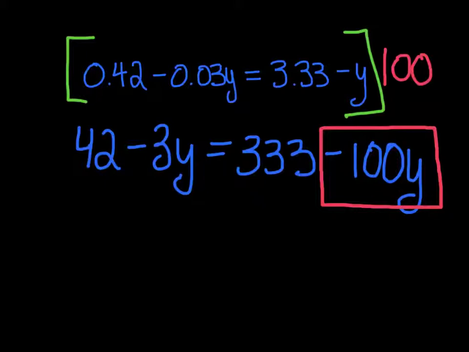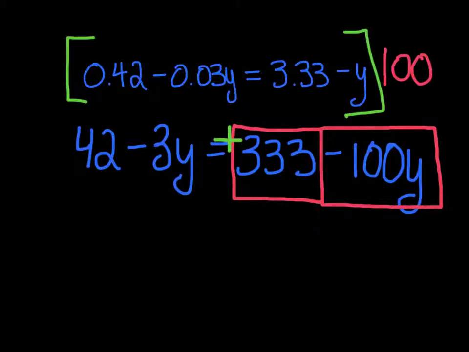Similarly, I could draw a box around the 333. However, in this instance, there's no symbol in front of my number. It simply stands alone. It's important to remember that 333 has a positive sign in front of it. We don't draw it in typically, but it does exist.